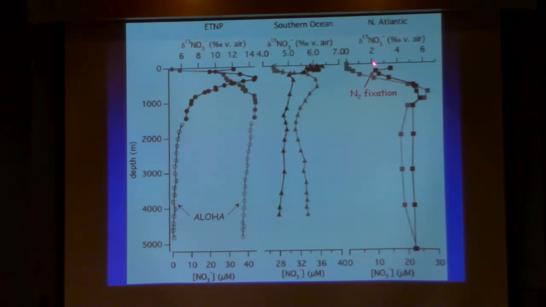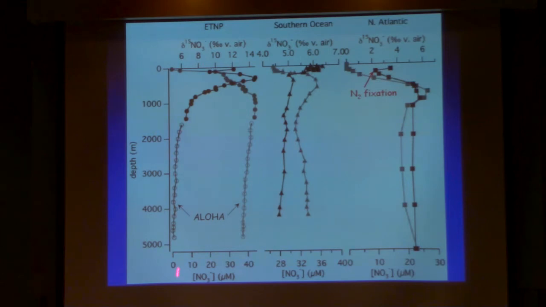So this nitrate is a mixture of the isotopic composition of nitrate that's fluxing from deep water, as well as the inputs of nitrogen fixation. The nitrogen is fixed and assimilated, but then there's ammonification and nitrification where it ends up in nitrate. So the nitrate-nitrogen isotopic composition shows this decrease and then an increase with depth to roughly 5 per mil.